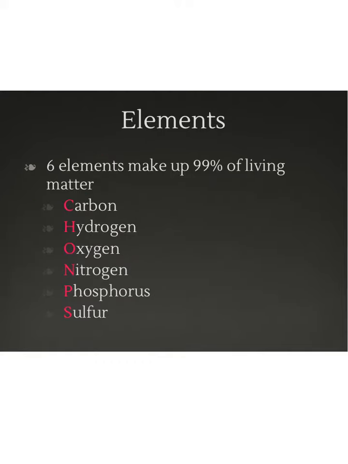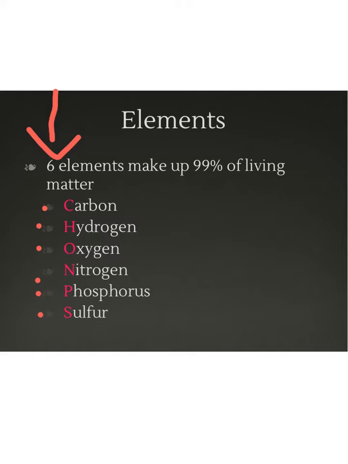So in particular, of those 25, 6 of the 25 make up 99% of living things. So in other words, if you take any kind of living thing, whether it be a person, whether it be a fungi, whether it be a bacterial cell, and you look at what made it up, 99% of that living thing is made up of carbon, hydrogen, oxygen, nitrogen, phosphorus, and sulfur. So 99% of you is made up of those 6 elements.